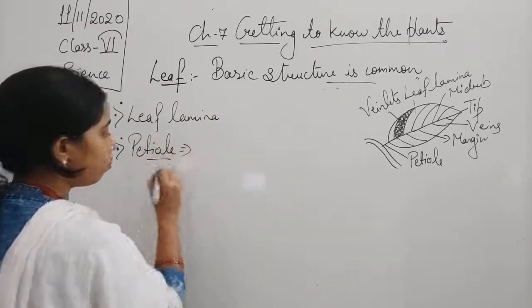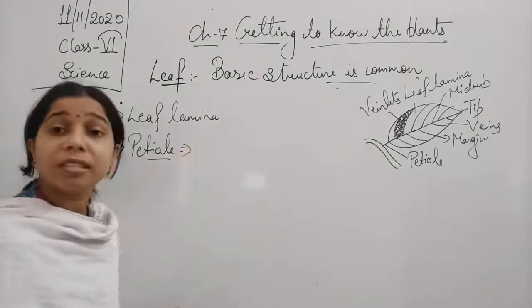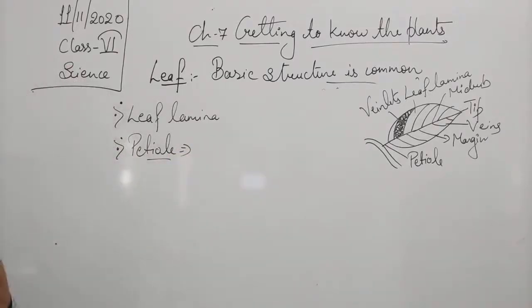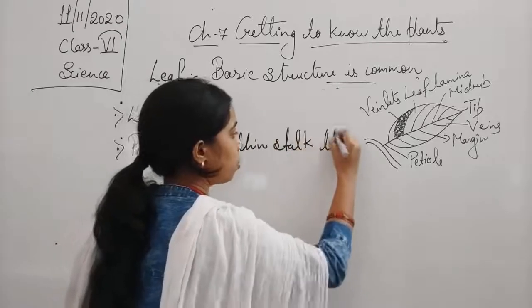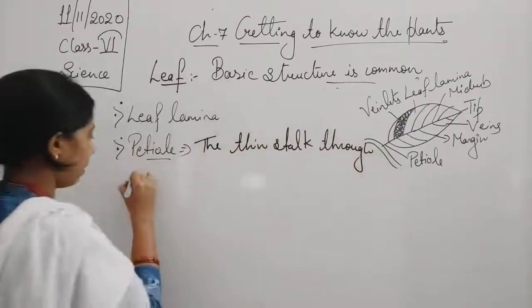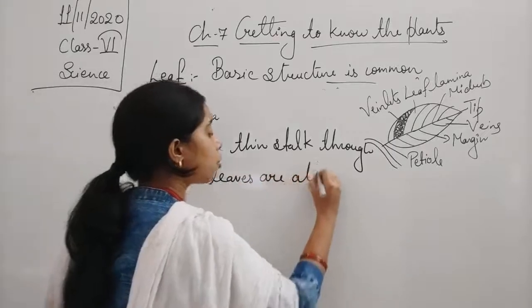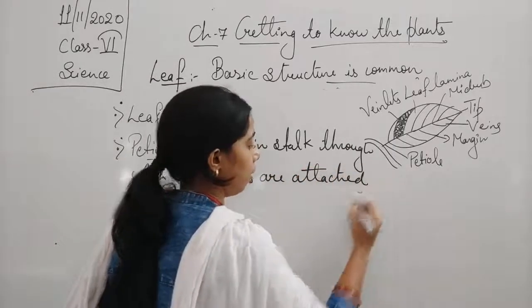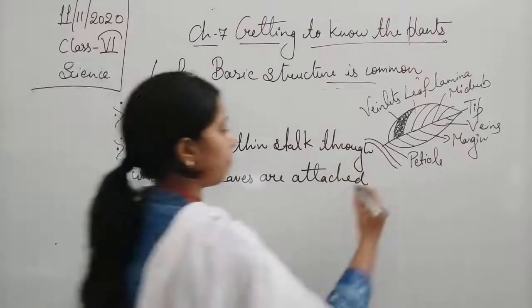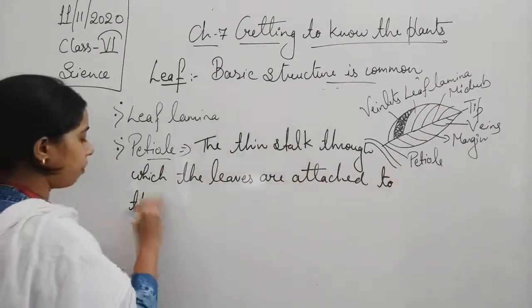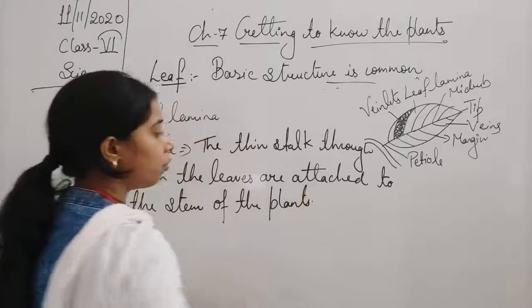So if we see the petiole, students, we can write it: the thin stalk through which the leaves are attached to the stem of the plant, that is known as the petiole.